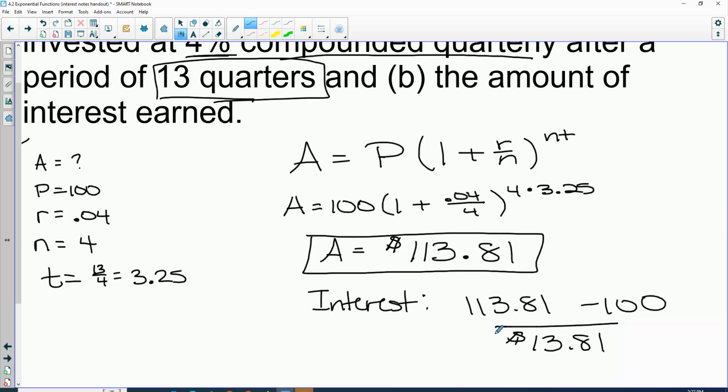So we have $13.81 interest. Questions there? Let's try the next one.